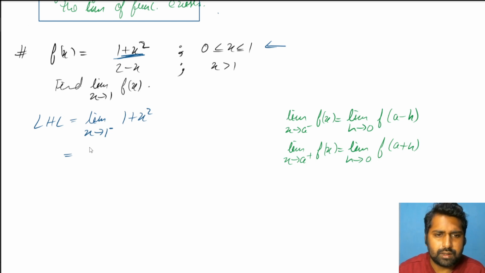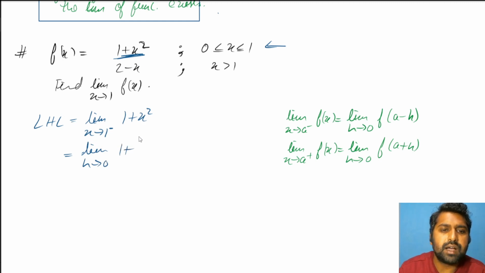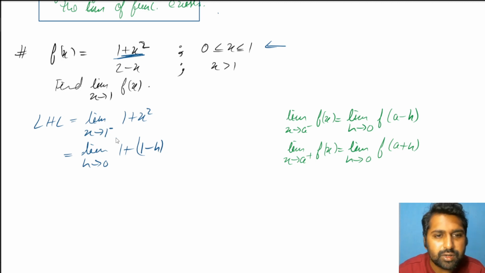Okay, I'll explain this. So we'll convert this to limit h tends to 0. This time a is 1, so replace x by 1 minus h. Now h is very small, so 1 minus h will definitely be less than 1, and that's what we were calculating. 1 minus means just less than 1. So this is the way to represent it.